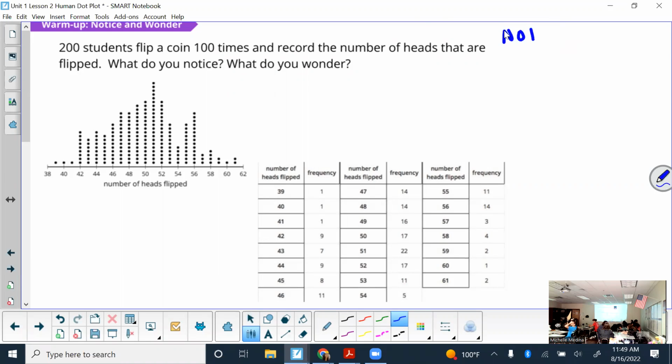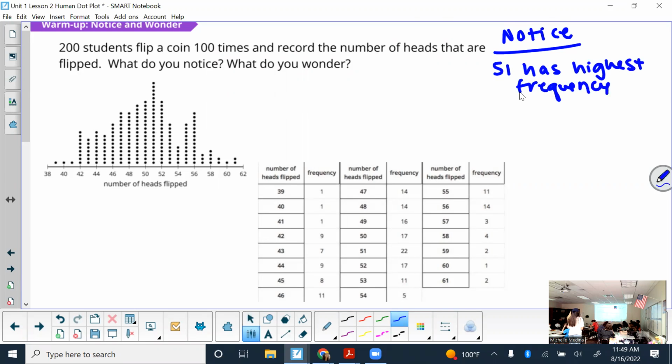Yes. 51 is the highest frequency. What else do we notice? Yes, look at the dot plot.